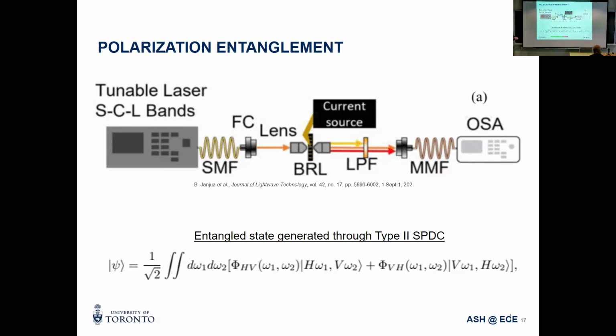But we usually use a polarizer. Especially for type 2, the signal is TM and the idler is TE. So if we just rotate our polarizer, that's how we can separate out what's the signal and what's the idler.